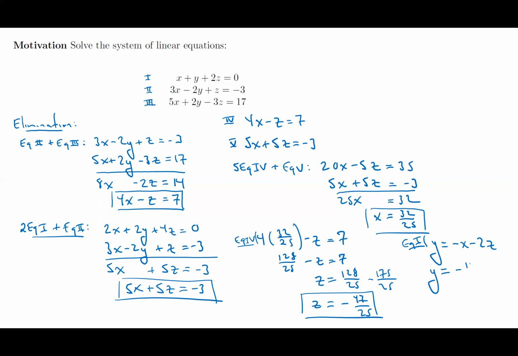So negative 126 over 25. All right, and then I like to go back and just make sure that all my signs are good, which it looks like we are okay. So 35, that was 32, yeah.